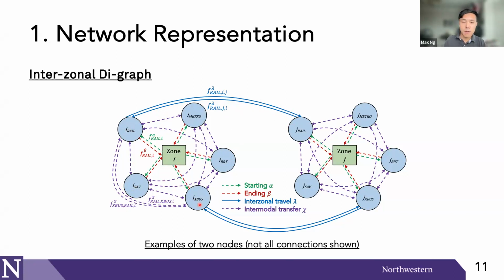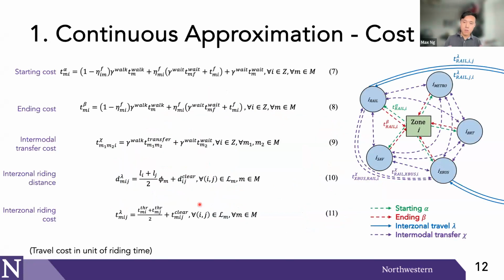Then with these 4 types of arcs, we can use the previous zonal continuous approximation results to estimate the cost of each arc. For example, for equation 7, the starting cost, we consider the walking cost for those travelers who don't take feeders.